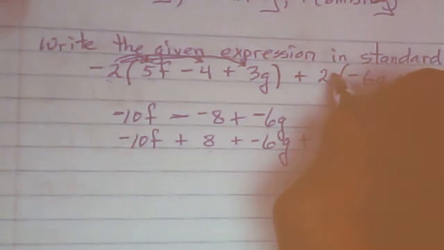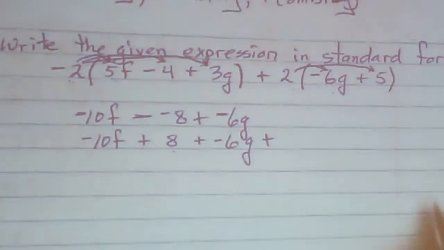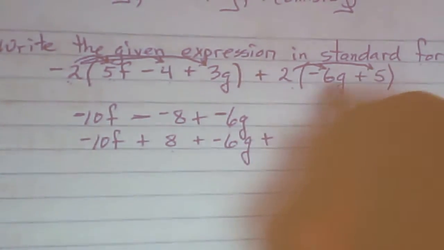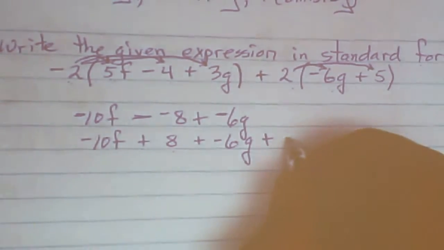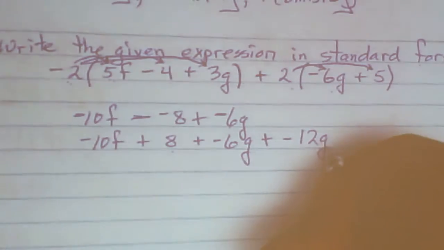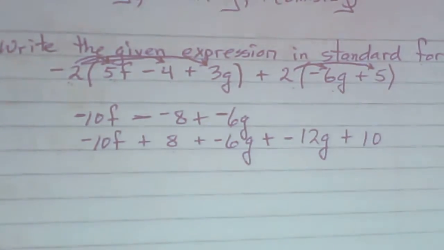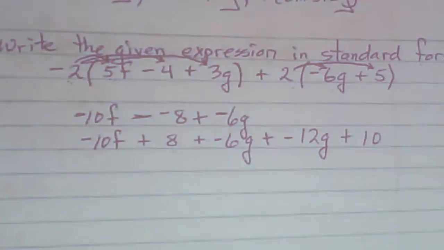Let's distribute this 2. Multiplying by 2 to the group is the same as multiplying to each member of the group. 2 times negative 6g is negative 12g, plus 2 times 5 is 10, and that's it for that one.